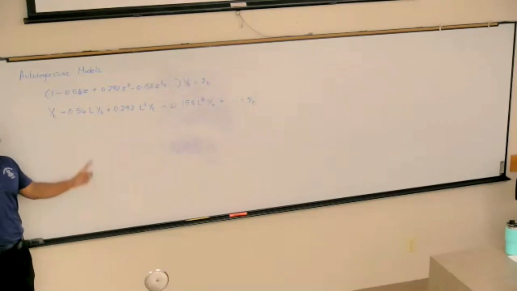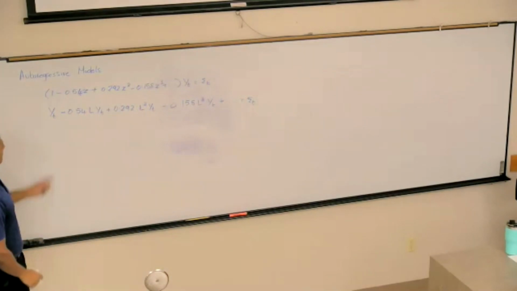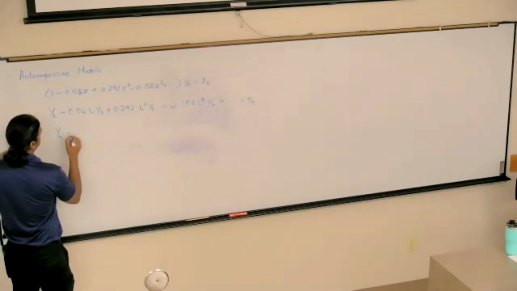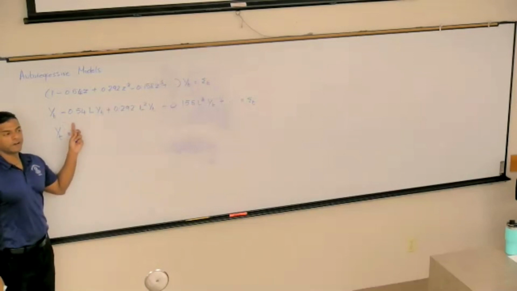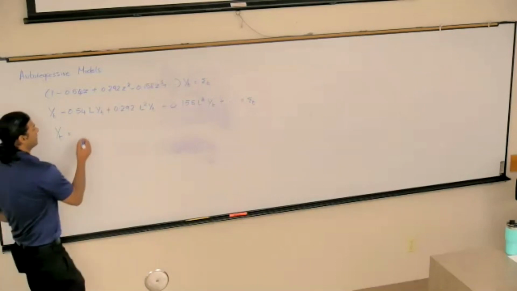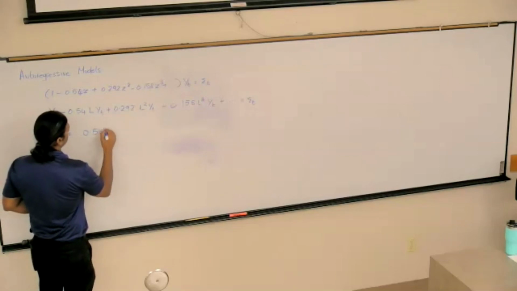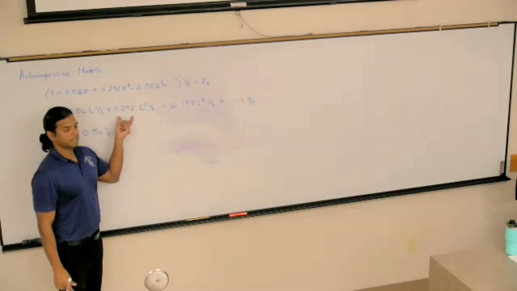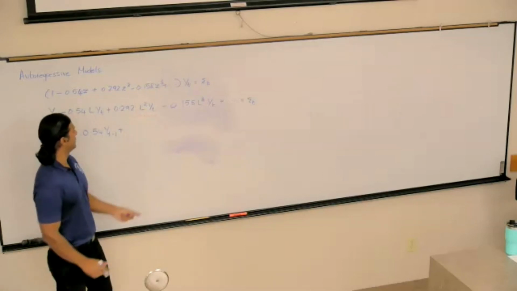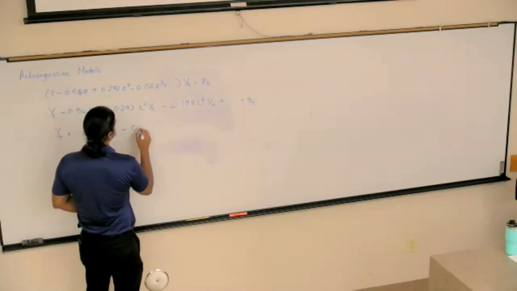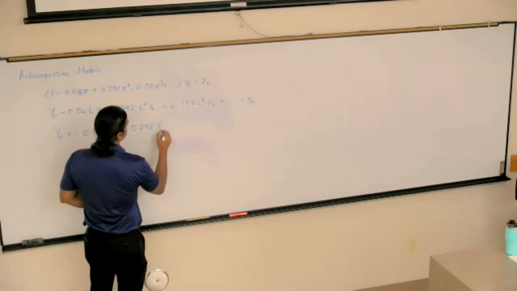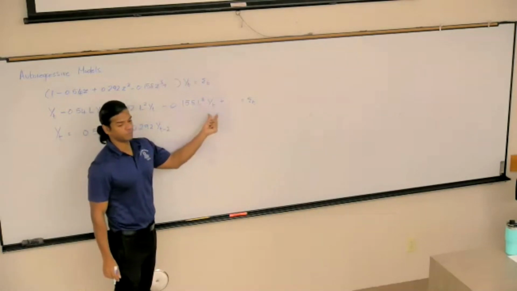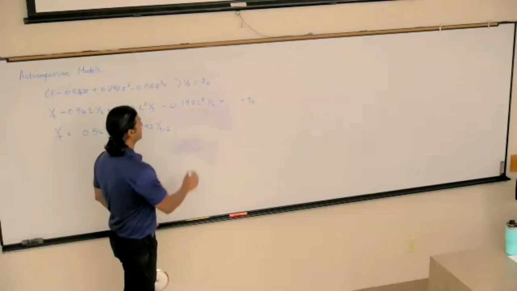Correct? And I can move everything except yt to this side. So yt would equal 0.54 L times yt, which is simply 0.54 yt minus 1, minus 0.292 L squared yt, which is yt minus 2, and 0.158 L cubed yt, which is yt minus 3.